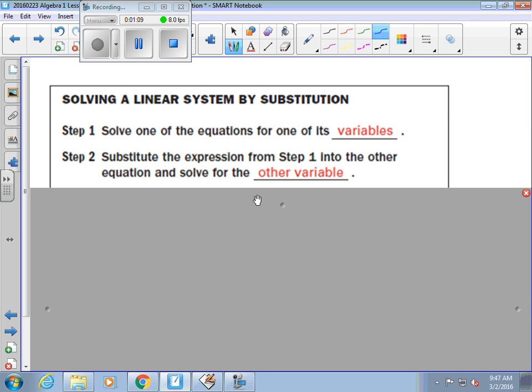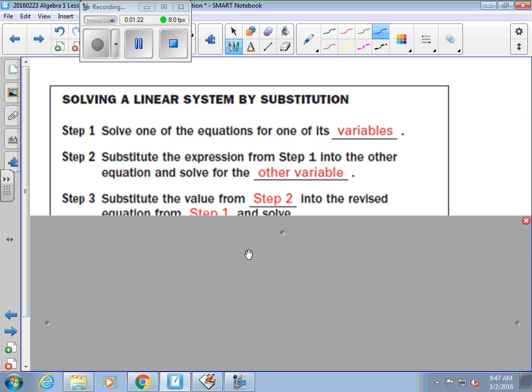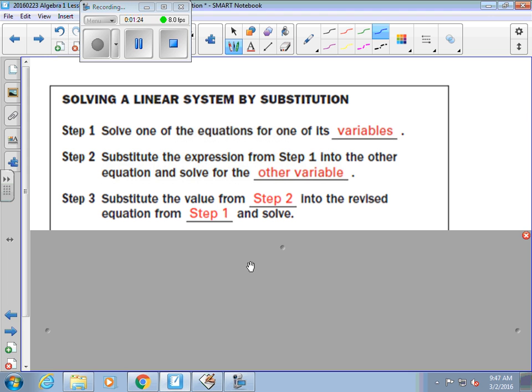So again, you're going to go from having multiple variables to only one kind of variable. It might show up twice or more than once, but you'll go to having only one type of variable.